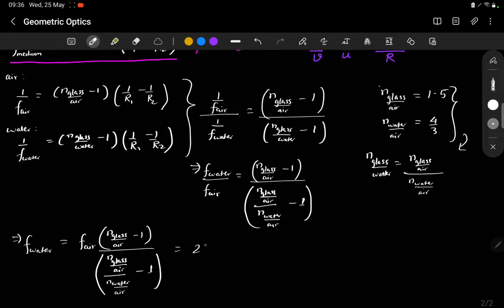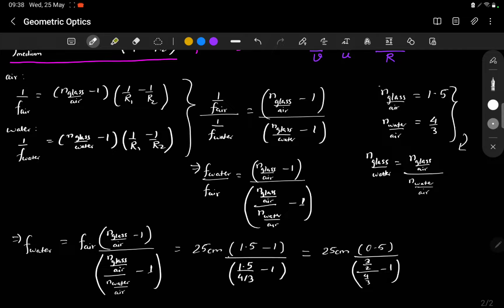So focal length in air is 25 centimeters given to us. The refractive index of glass with respect to air is 1.5. Water with air is 4/3. So this comes out to be equal to 25 centimeter times 0.5 divided by 1.5, which is 3/2, so this makes it 3/2 over 4/3 minus 1.